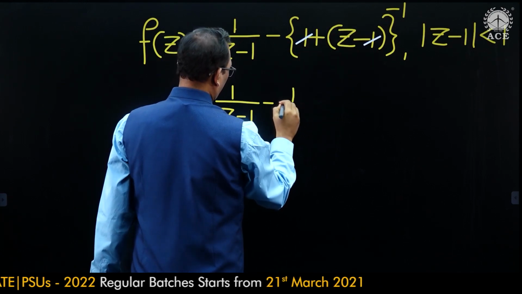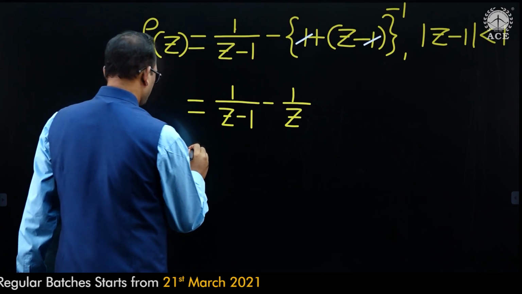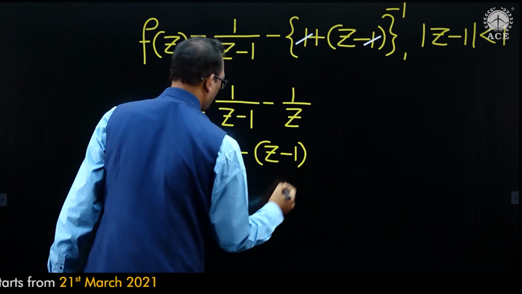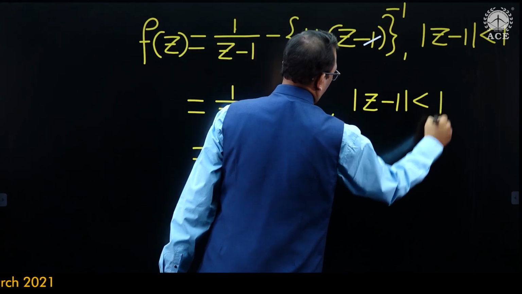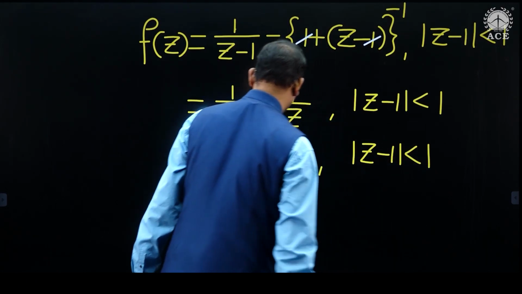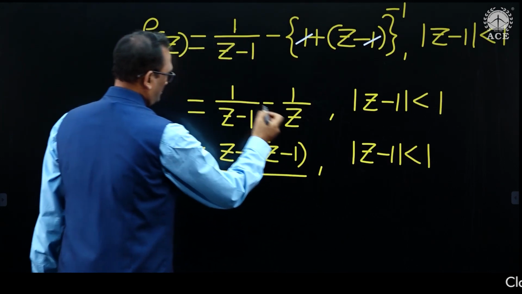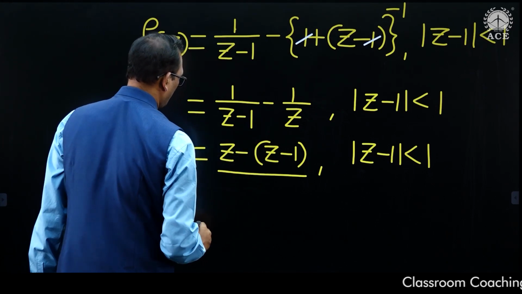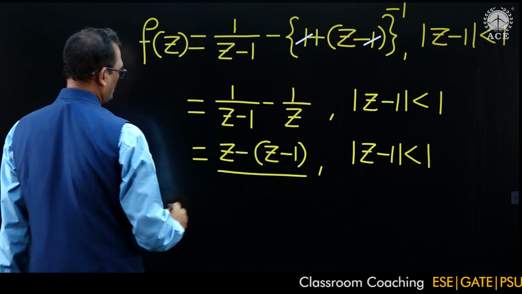Z power minus 1, that is 1 by z. Simplify this. This is equal to z minus of z minus 1 by z into z minus 1, that is z into z minus 1.